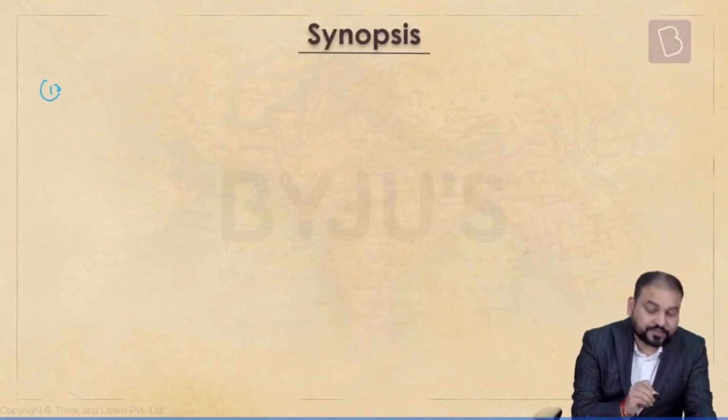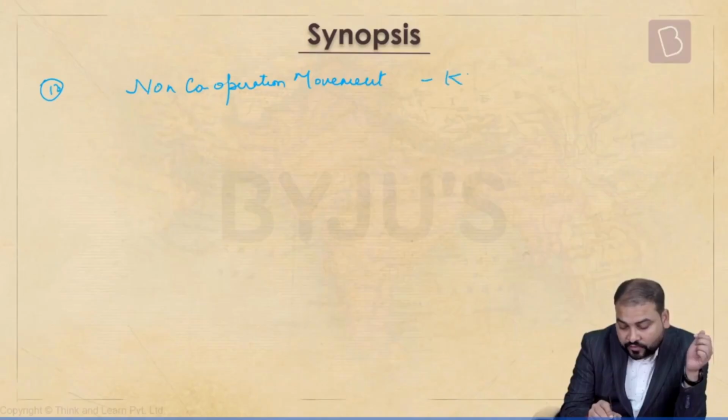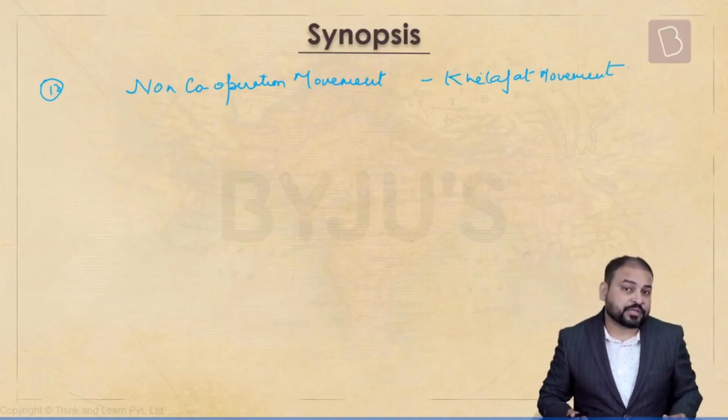Now, after this, Gandhiji will be launching his big movements like the non-cooperation movement. And along with the non-cooperation movement, Gandhiji will also have his Khilafat movement. Both these movements will be running simultaneously.